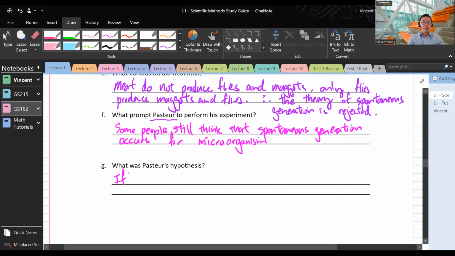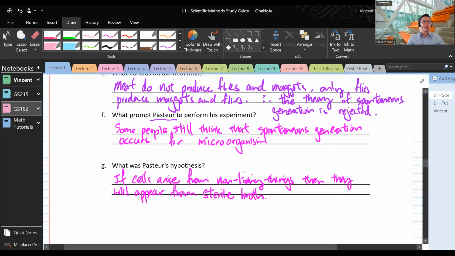At the time they know about cells already. So if cells arise from non-living things, then they, as in the cells, will appear from sterile broth.